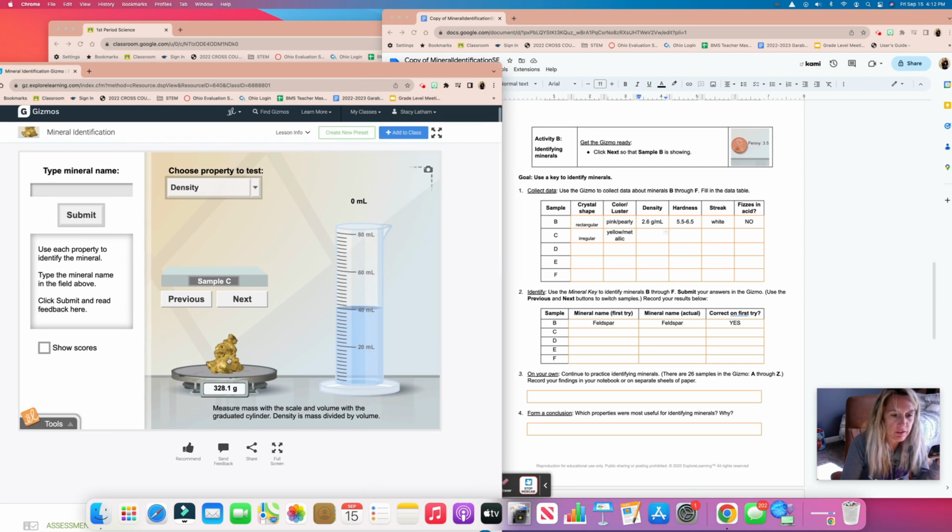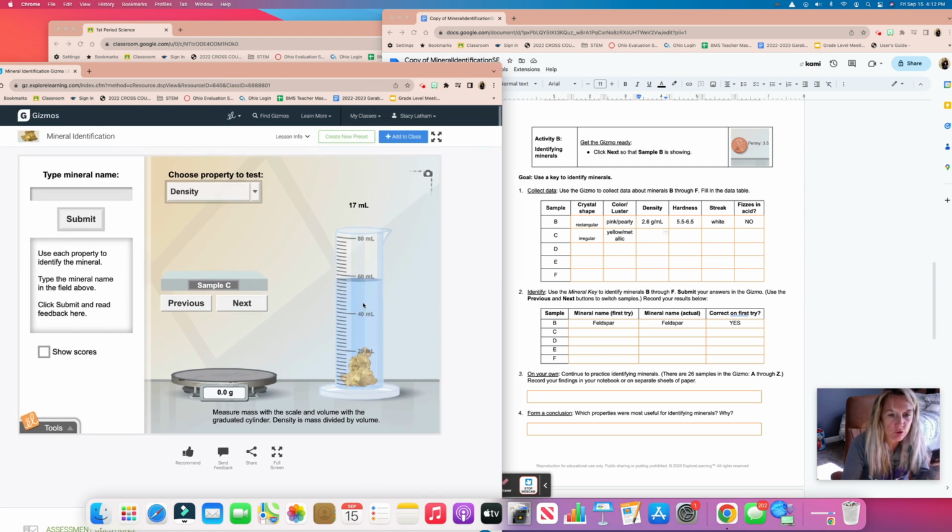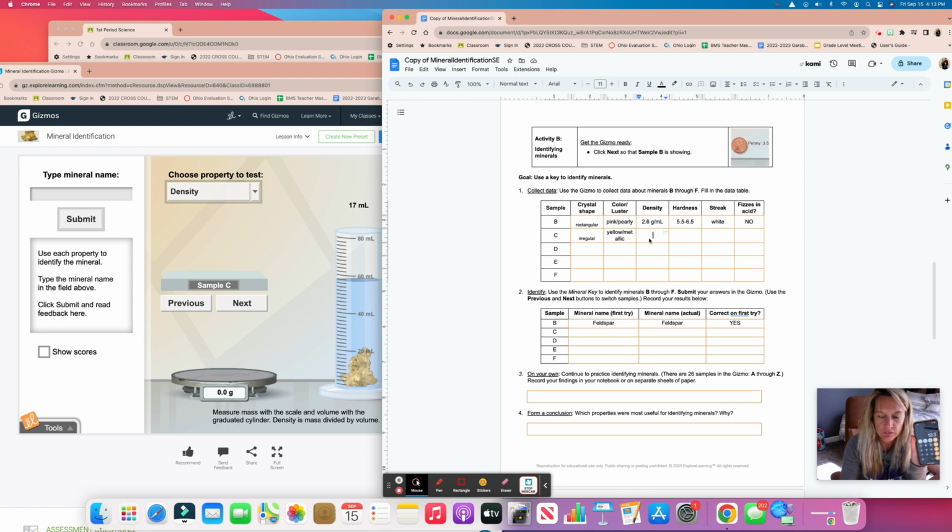Now we're going to divide that by the volume of 17. So divided by 17, we get 19.3. So our density, 19.3 grams per milliliter. Oh my gosh, I didn't even type the 0.3 grams per milliliter.